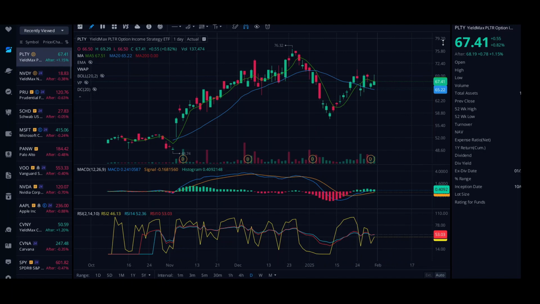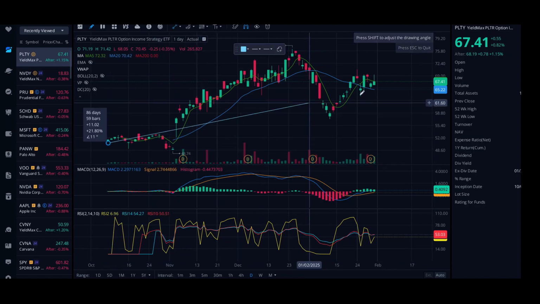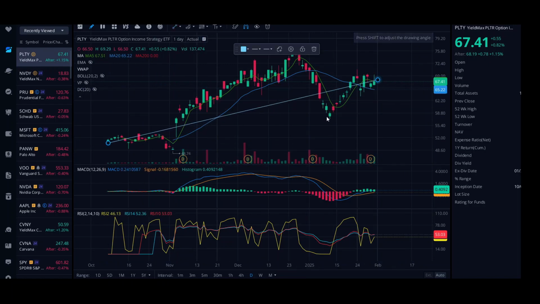This one has a nice trend upward. If I draw a line from the start to the end, you can see it's an upward moving line. We've had some hills and valleys, but overall it is trending upward.